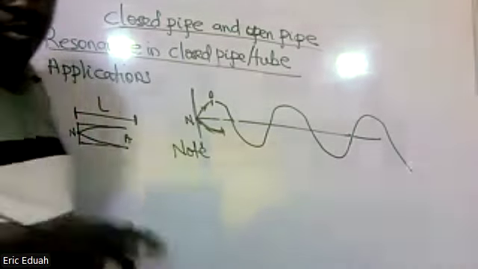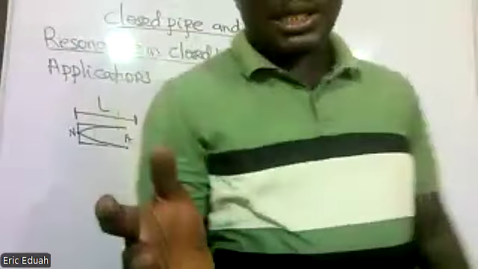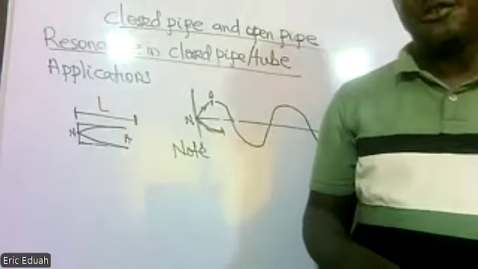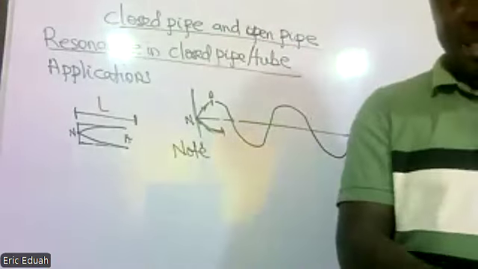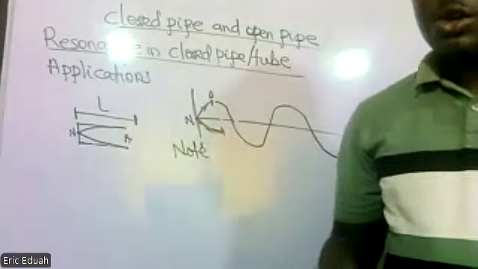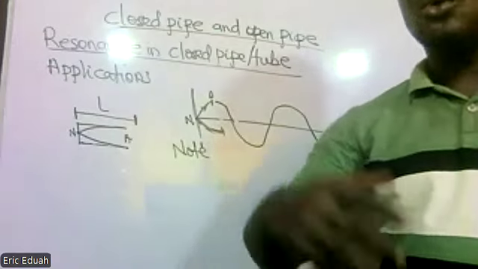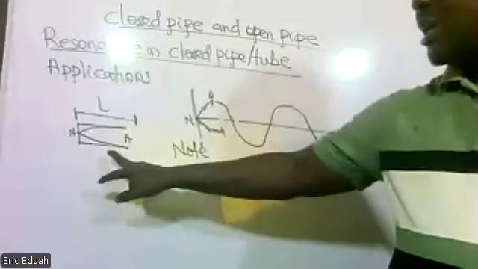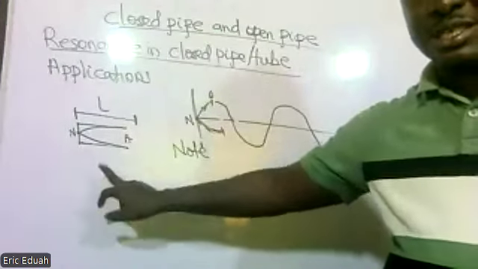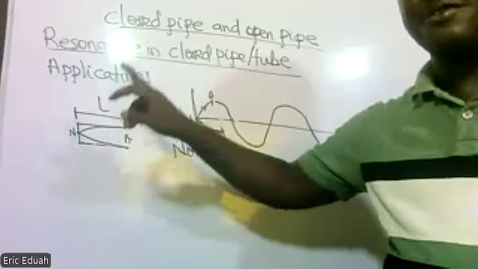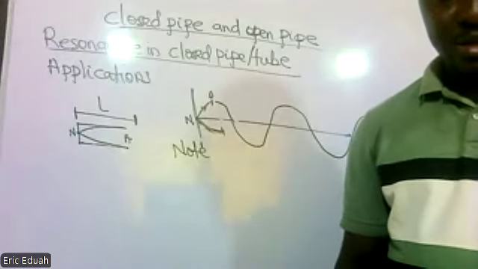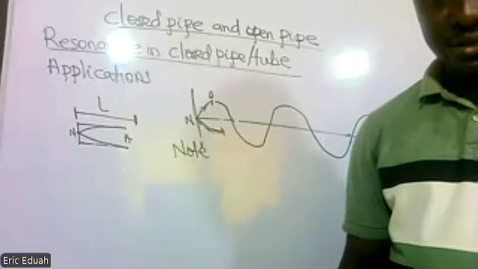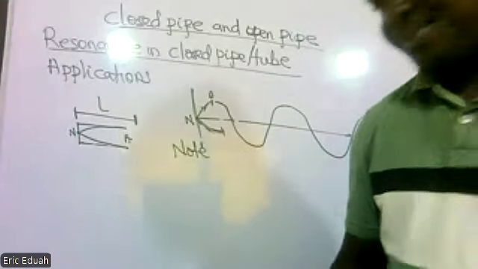Now, we always know that stationary waves are formed with a particular wavelength and frequency. So we'll go through to find out the wavelength which forms this and its accompanying frequency. Any question? All right.